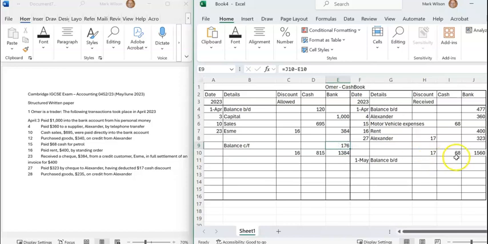And if it's on this side, we'll carry forward to the other. And then the opposite here, let's have a look at the difference in cash. So we've got 68,815. Oh, so we're going to have a balance on this side too.